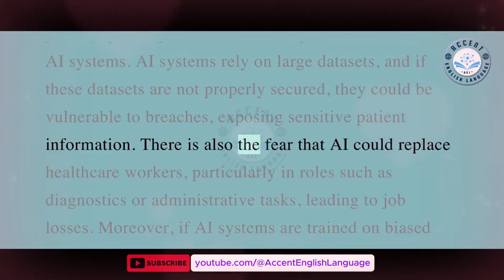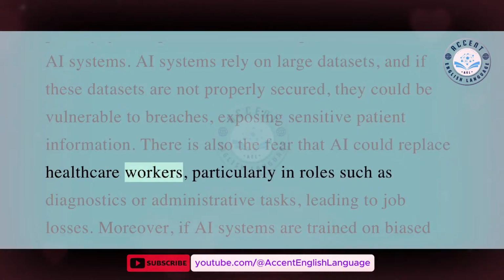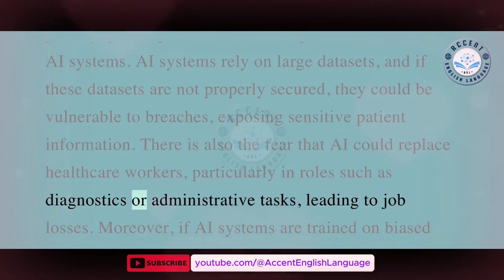There is also the fear that AI could replace healthcare workers, particularly in roles such as diagnostics or administrative tasks, leading to job losses.